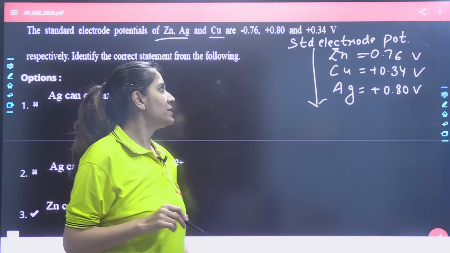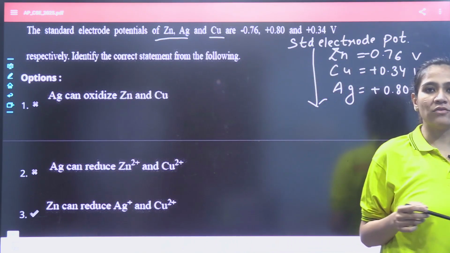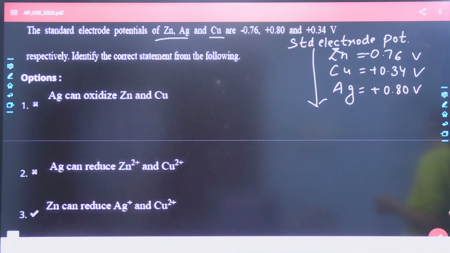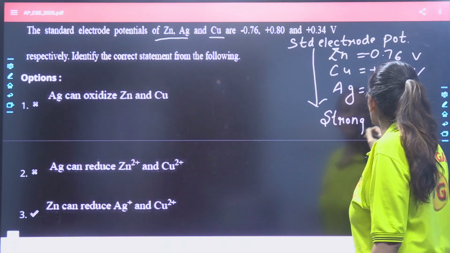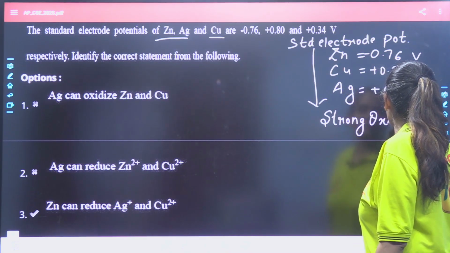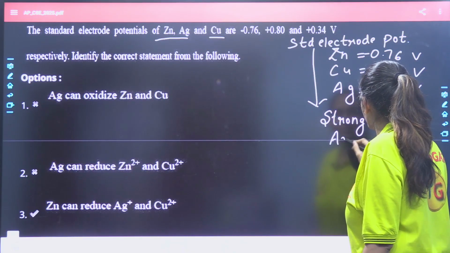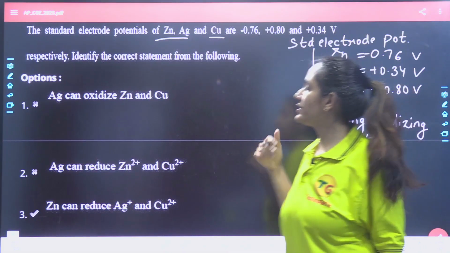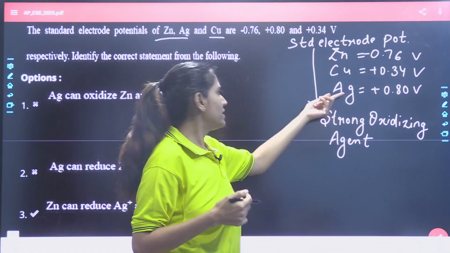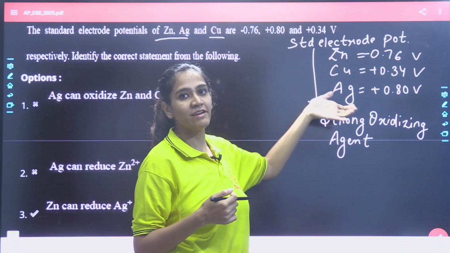Or we can say that this silver has more oxidizing power. From here to here, they become a strong oxidizing agent. Strong oxidizing agent means it would oxidize the elements that are present above it, and itself would get reduced.